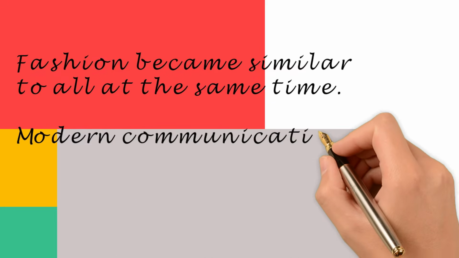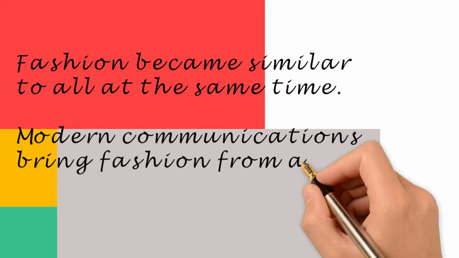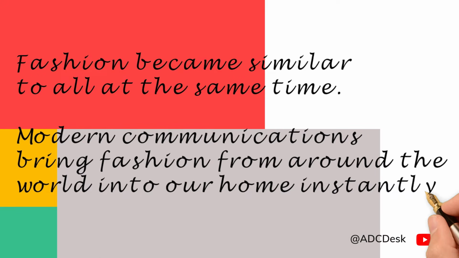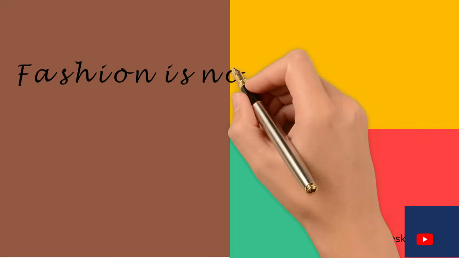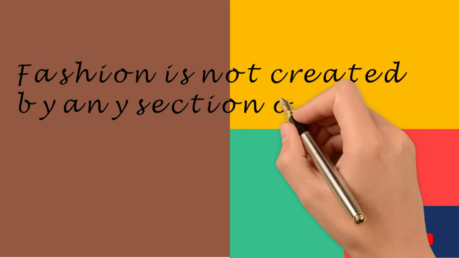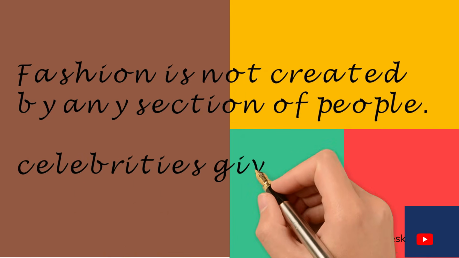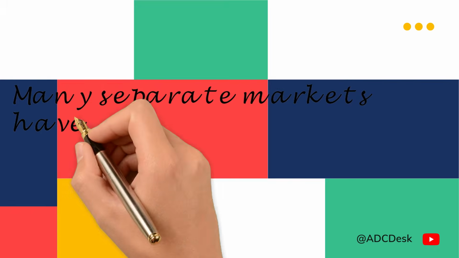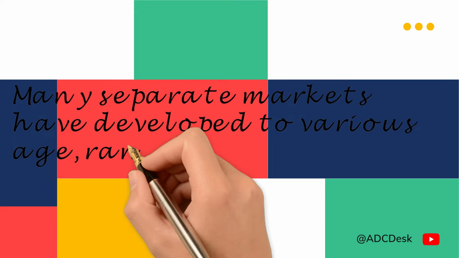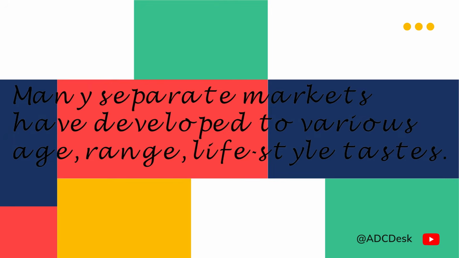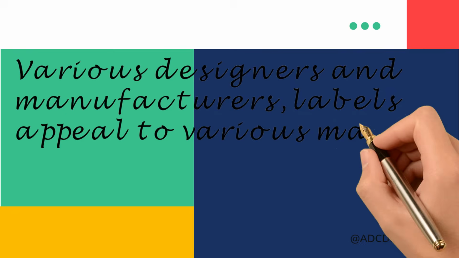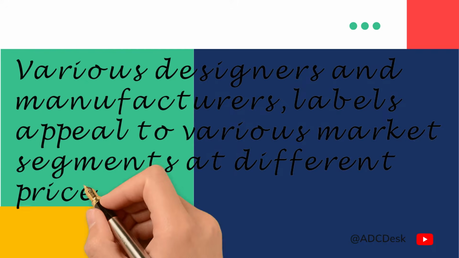Modern communications bring fashion from around the world into our home instantly via social media, internet, etc. So now fashion is not created by any section of people. Celebrities give an identity to fashion. Many separate markets have developed to various age, range, lifestyle, taste. Various designers and manufacturers labels appeal to various market segments at different price points.